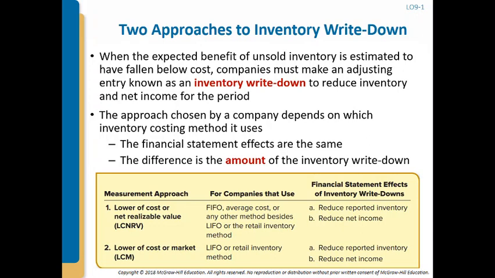So FIFO, average cost, or any other method besides LIFO or retail inventory method, you use this lower of cost or net realizable value. If it's LIFO or retail inventory method, you use lower of cost or market. You may have studied this in financial accounting, but believe me, it's a little more involved than what you may have learned in BA 211.